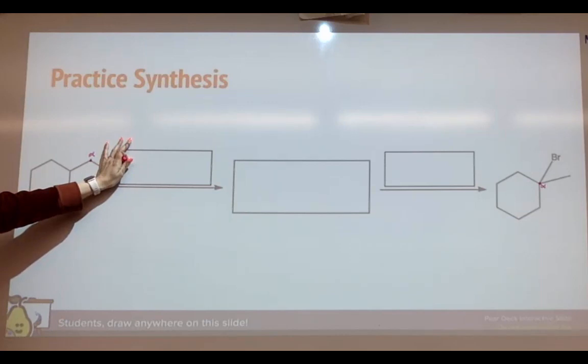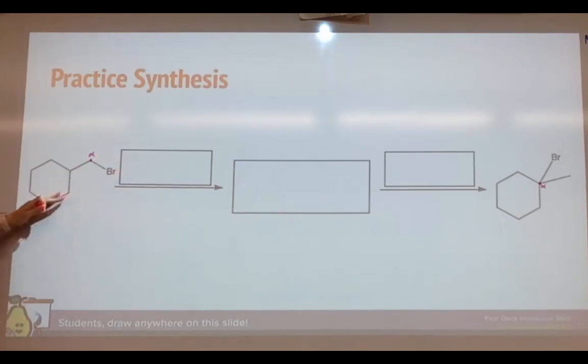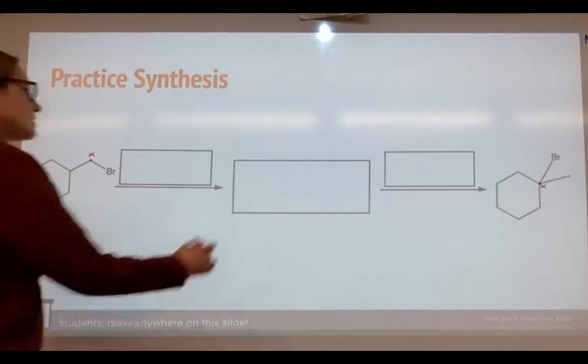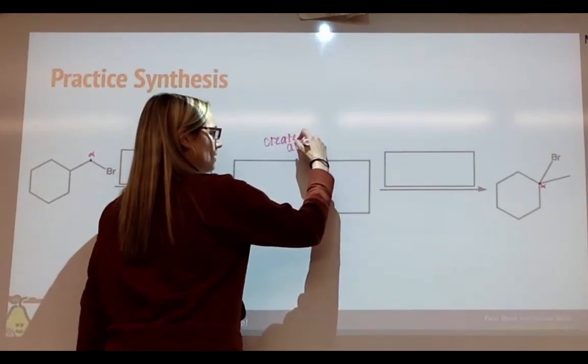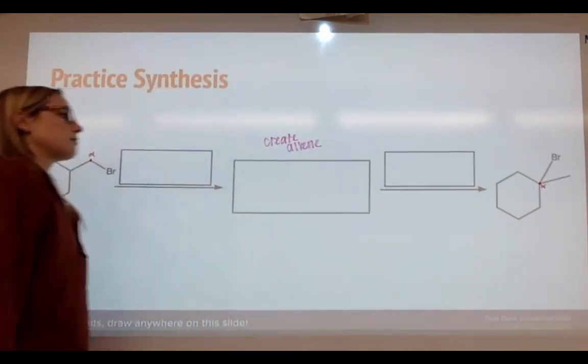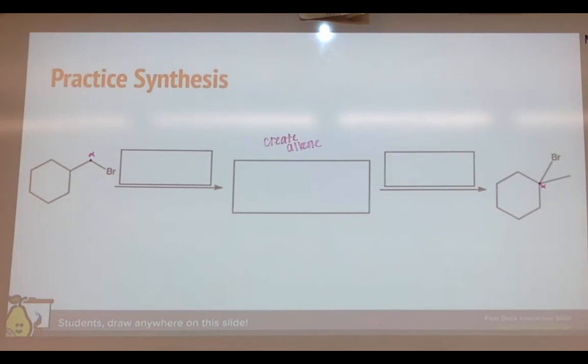I could put a double bond. We could make an alkene, and then we could add the bromine to one side of the alkene. So let's here create an alkene. We've looked at how we get an alkyl halide to create an alkene. That's an elimination reaction.